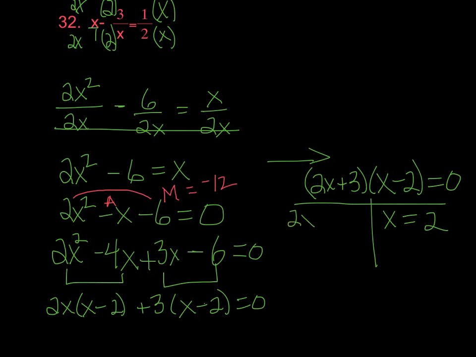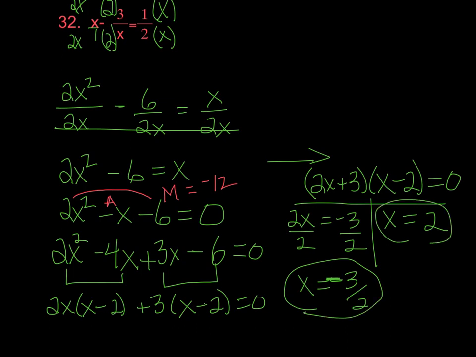Over here on the left, I'm going to move that 3 over to the other side and make it negative, and then all I need to do is divide by 2. So x equals negative 3 halves. Oopsie. Let's make that really look like a negative. Sorry, that's a negative 3 halves. So our solutions are x equals negative 3 halves and x equals positive 2.